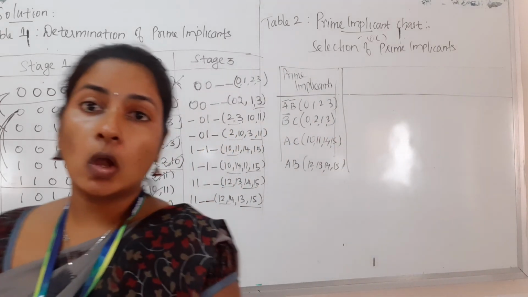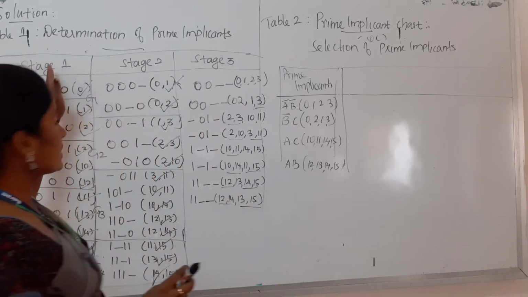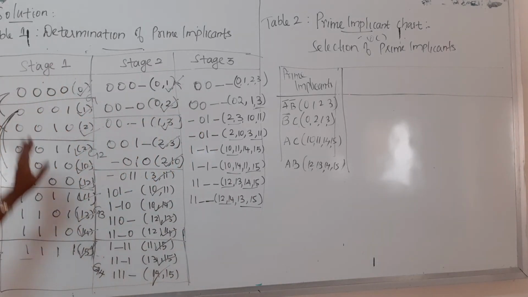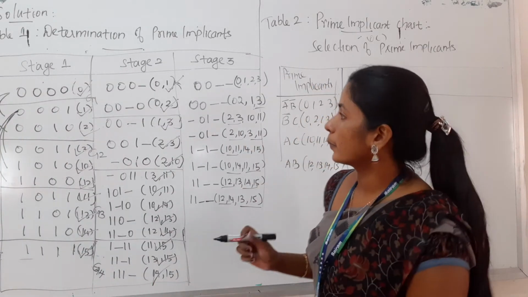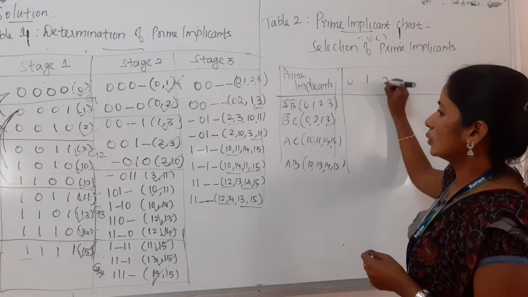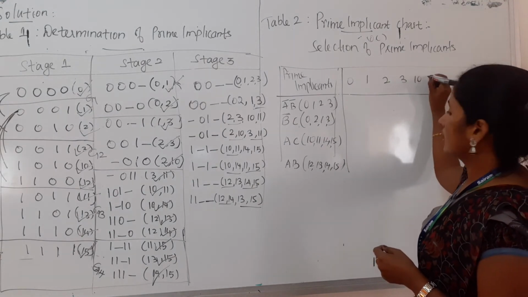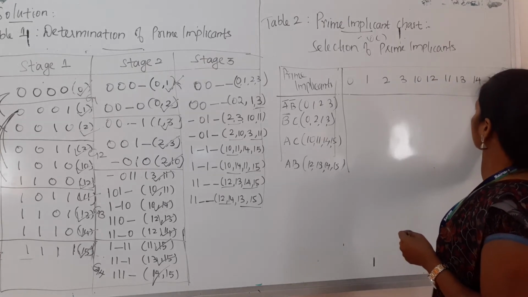Next I will write all the min terms which we used in stage 1. So in stage 1 we used 0, 1, 2, 3, 10, 12, 11, 13, 14, 15. So all these min terms I will write in table 2.